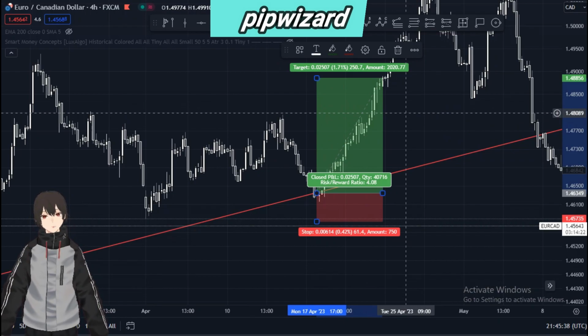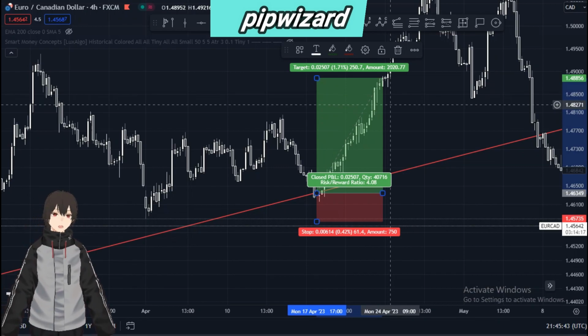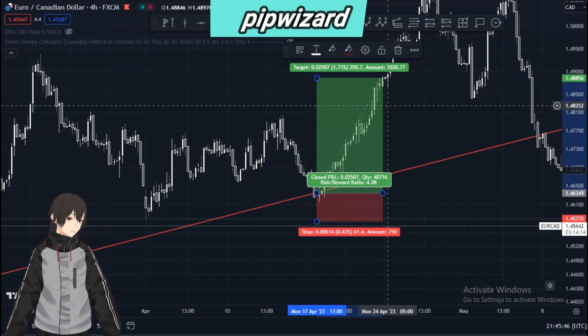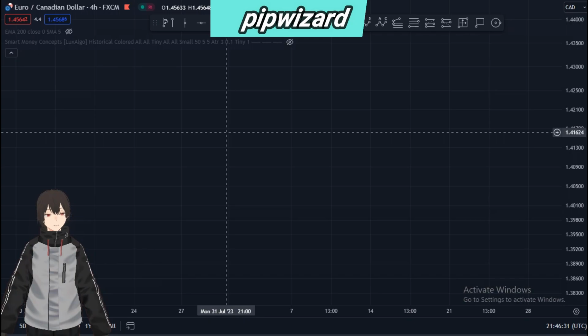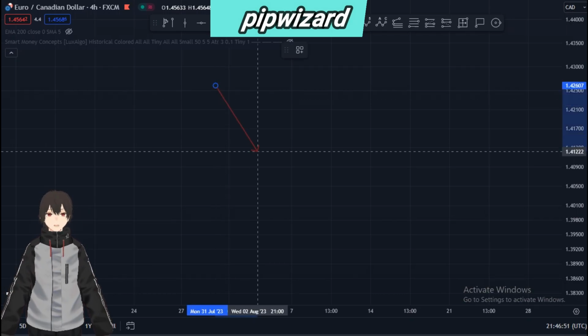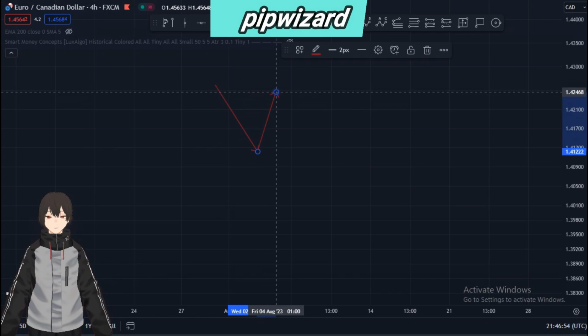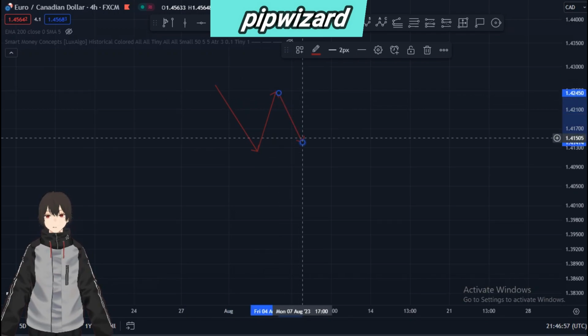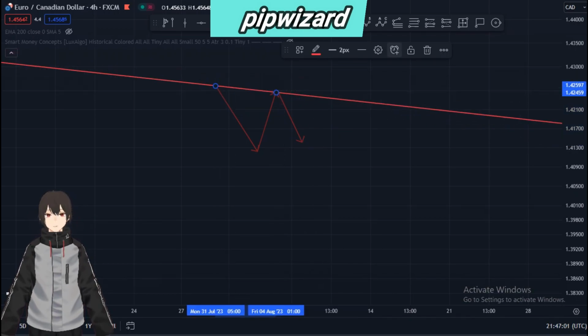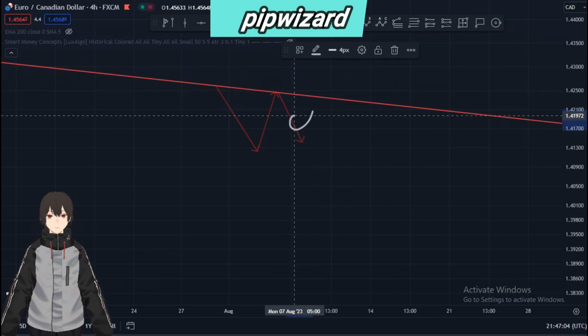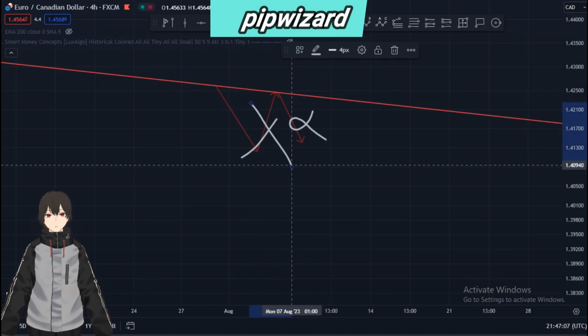Important to know about drawing the trend line: the price should touch your trend line two times and also break a higher high or a higher low of the trend. Like that, if you have a downtrend and the market can't break the lower low, this is false and it doesn't work.